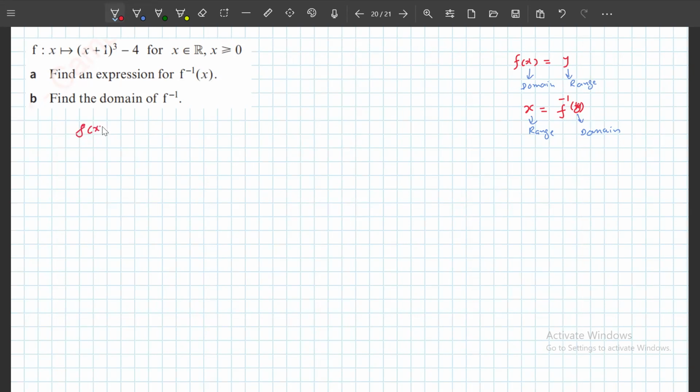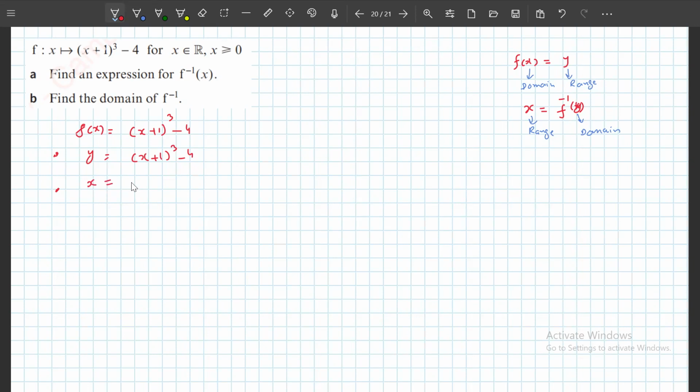First thing, we have f of x is equal to x plus 1 whole cubed minus 4, and this is the first step. We say f of x always equals y, and this is equal to x plus 1 whole cubed minus 4. Remember, the second step, we have to interchange x and y.